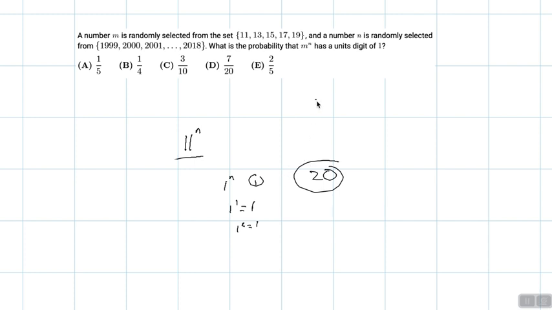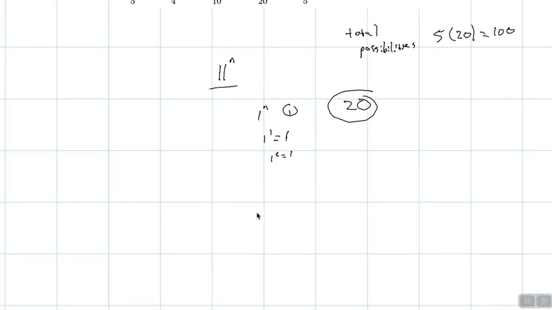And the number of total possibilities, to come back to that: since there are 5 numbers here and there are 20 options for each of the exponents for these 5 numbers, the total possibilities is just going to be 5 times 20, which is 100. So in 11 to n, all 20 will have a units digit of 1.